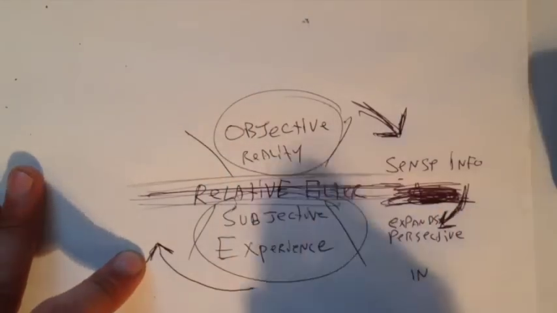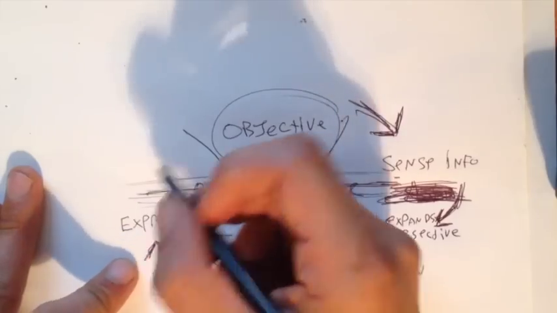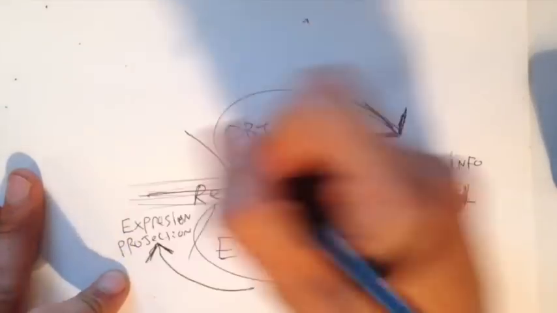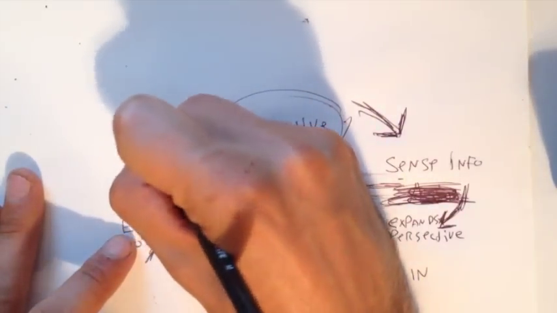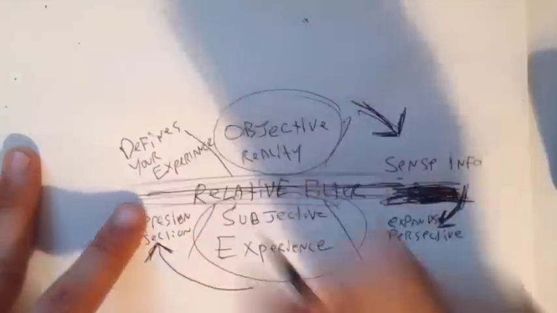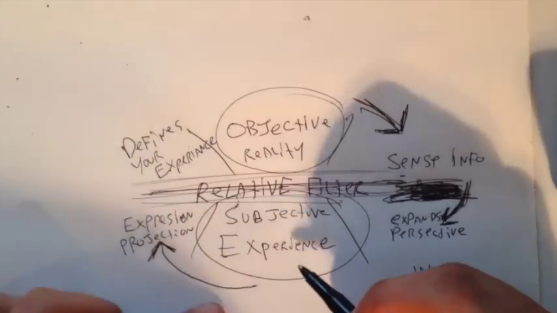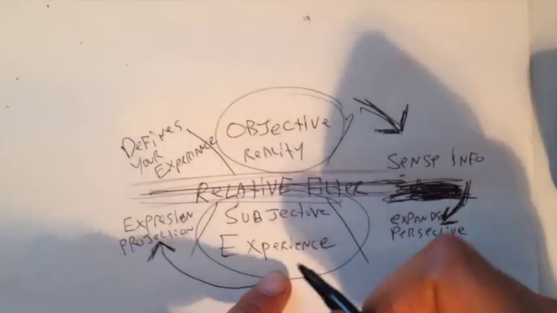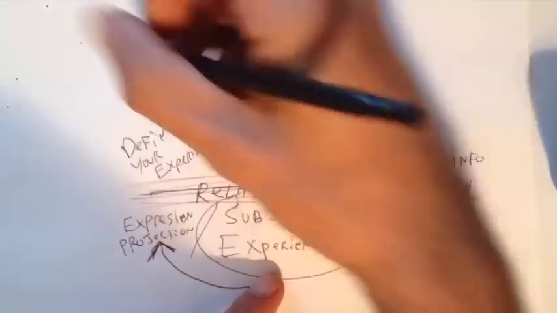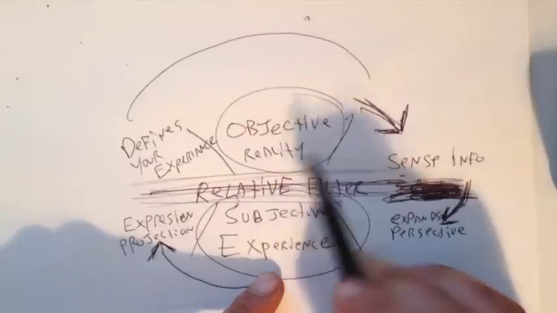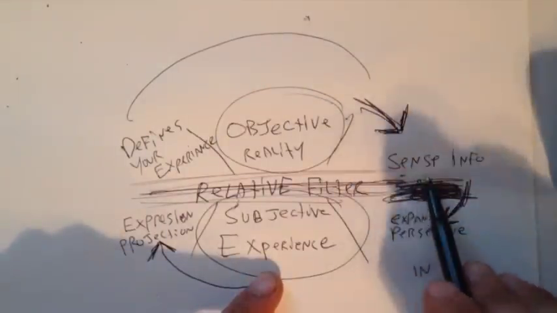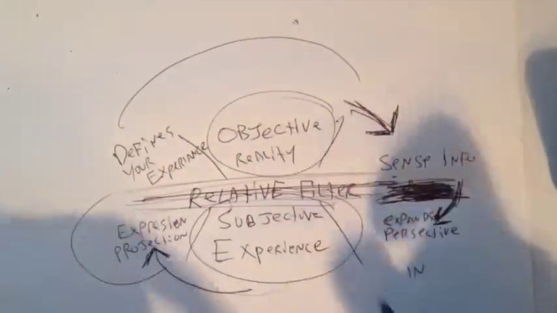And you have this expression and projection which defines your experience. So we have incredibly limited perspectives, and everything that we know is based on our experience of the objective reality, which in a sense has already been predefined based on what we had previously known.